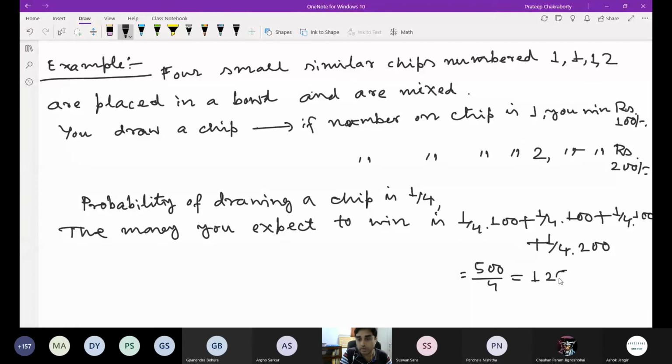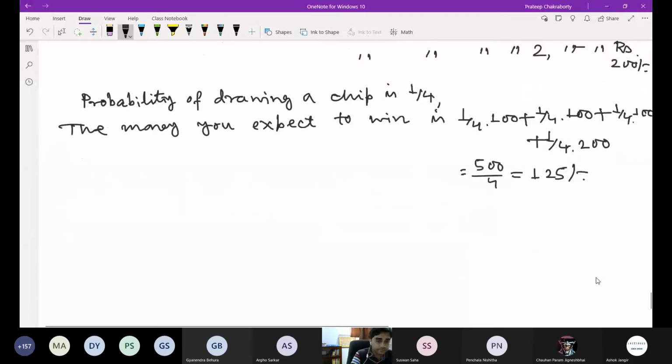So this is the amount of money you expect to win in a game. This will be the expectation of this random variable, or the expected value.